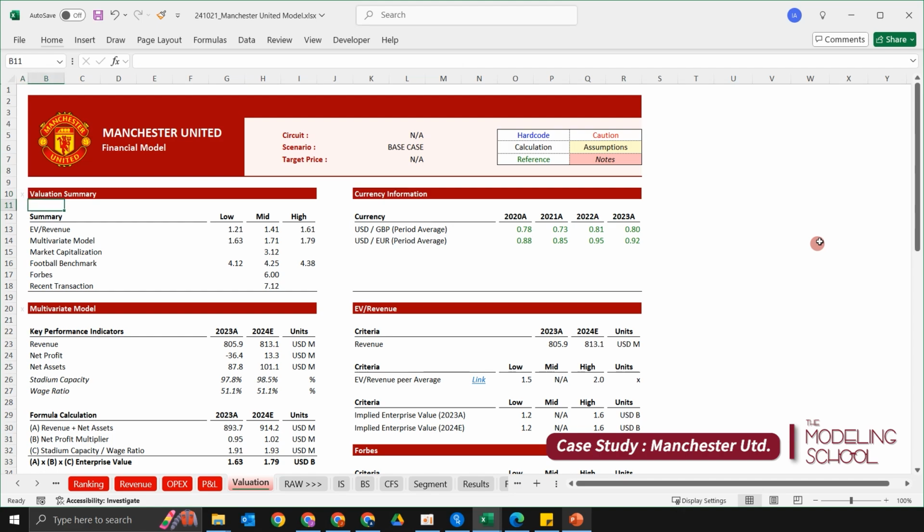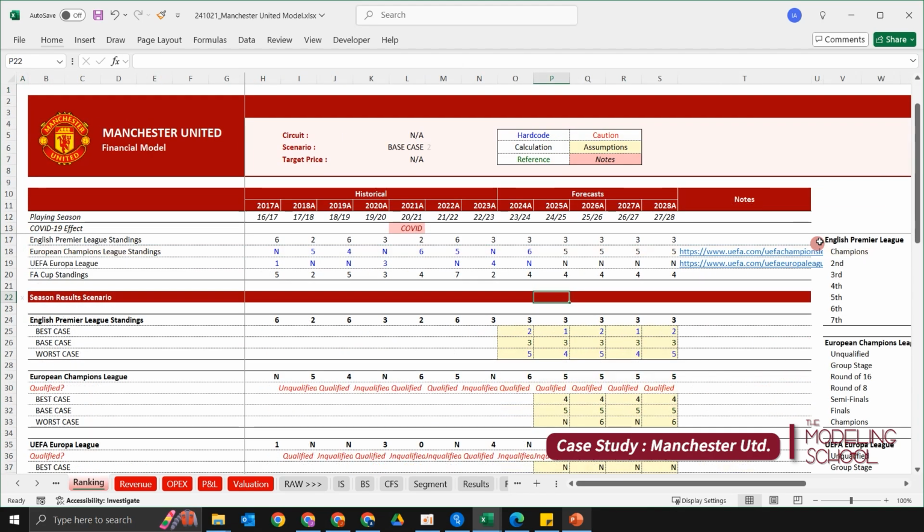But you can see that what's most important is the revenue for the next year or the current year. So forecasts up until the next 5 years is not that important. What's more important is the next year's rankings.